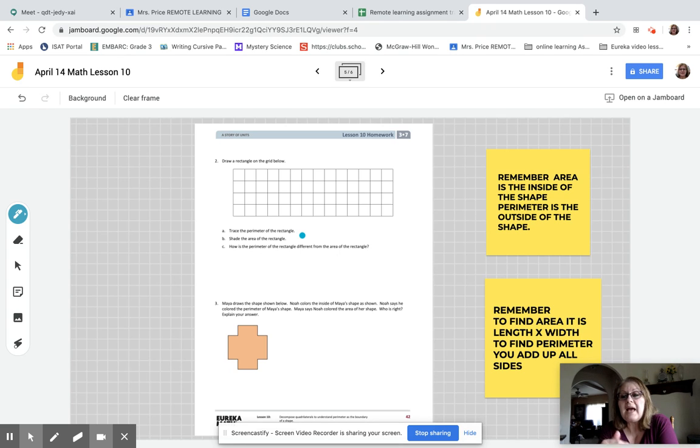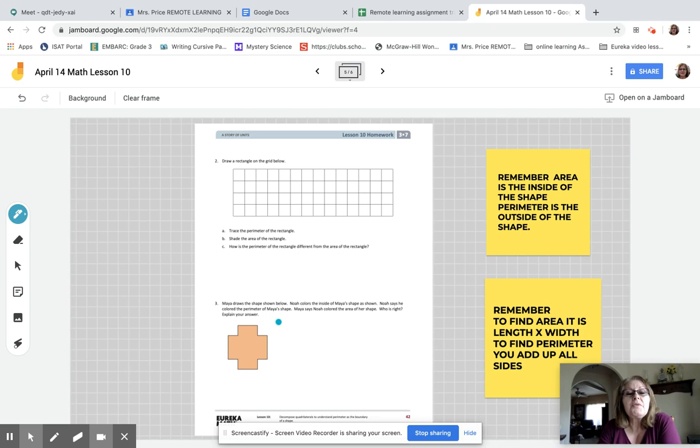The perimeter is the outside of the shape. Okay, now it wants to know, how is the perimeter of the rectangle different from the area of the rectangle? Well, here's some notes to help you. It says, remember, area is the inside of the shape and perimeter is the outside of the shape. Remember, to find area, it is length times width, and to find perimeter, you add up all sides.